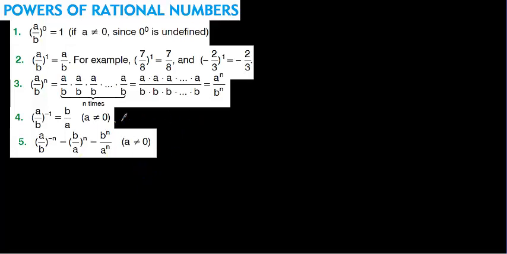Let me give some exercises about this. Let's say 2 over 3 to the power of 5 is going to be equal to 2 to the power of 5 over 3 to the power of 5, which is equal to 32 over 3 to the power of 5, which is 243.